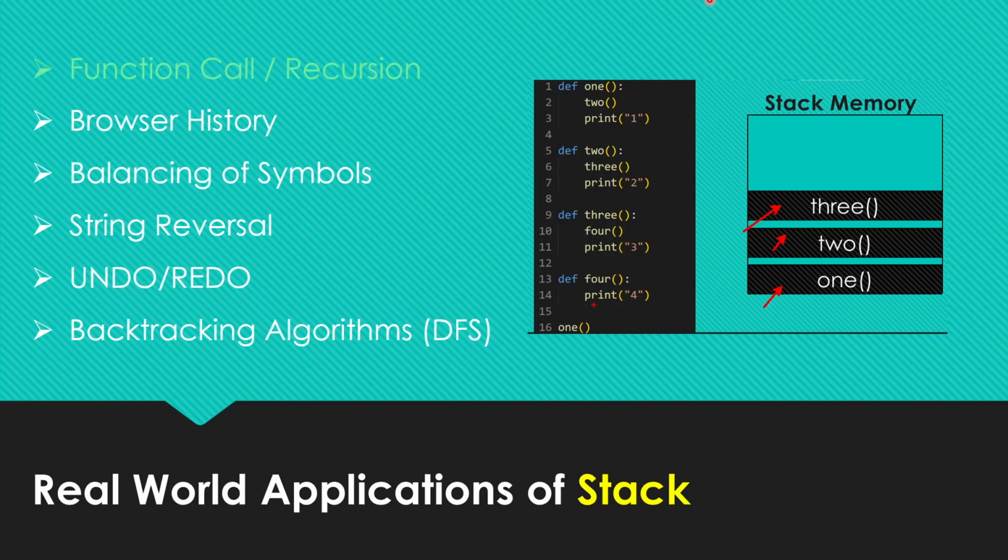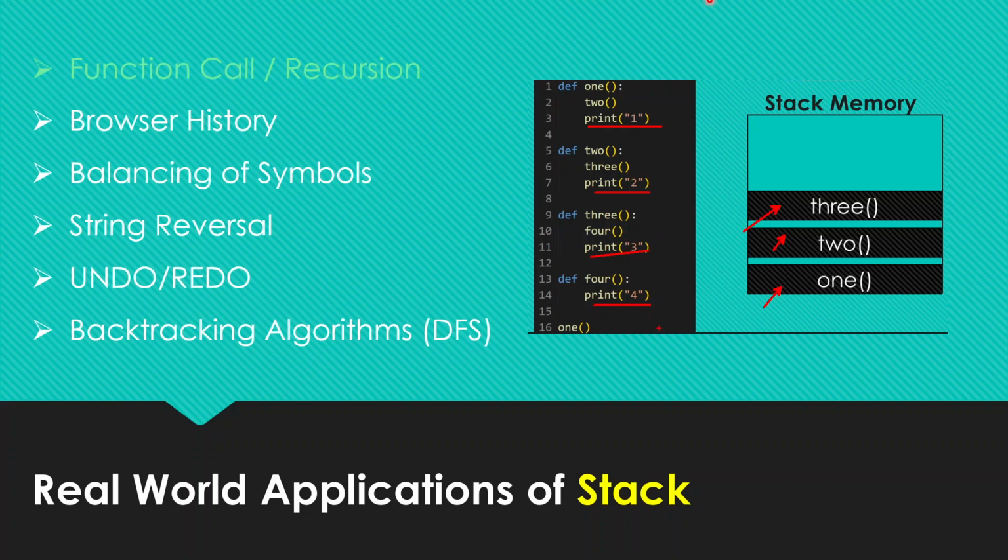Then 4 will print 4, then it will come back to executing 3, 3 will print 3, then this is going to be popped out of the stack, removed out of the stack. Then 2 is going to be executed, which is going to print that. And when you get to the end of that function, 2 is also popped out of the stack. Then 1 is going to be executed, and it's going to print 1.